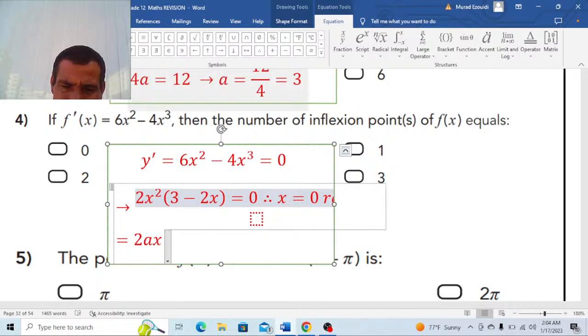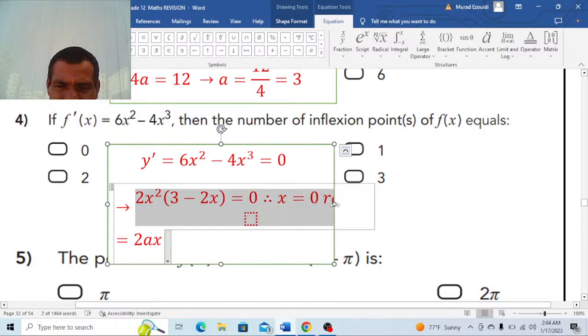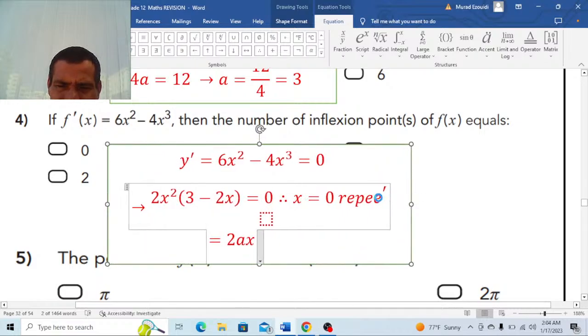It's a repeated root, a repeated root, as we said.